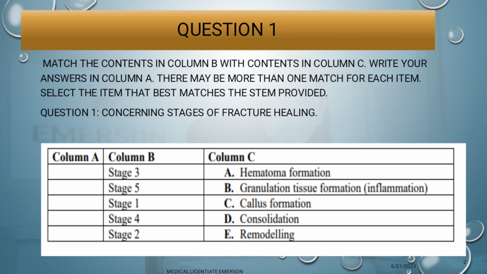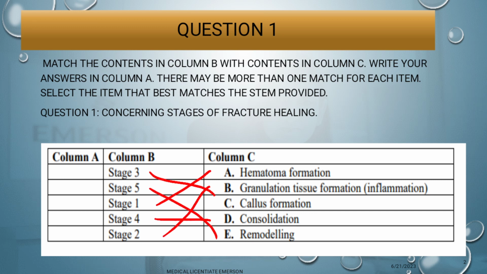HIPCCR: hematoma formation, inflammation which is granulation tissue formation, then callus formation, then consolidation, then remodeling at the last stage. So stage 1 is this one, stage 2 is this one, stage 3 is this one, stage 4 is this one, then stage 5 is this one.